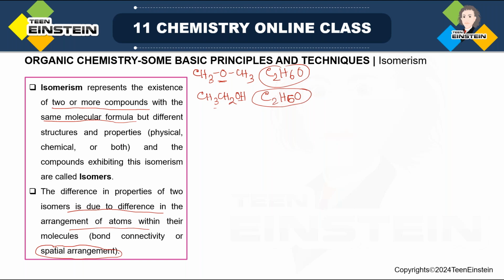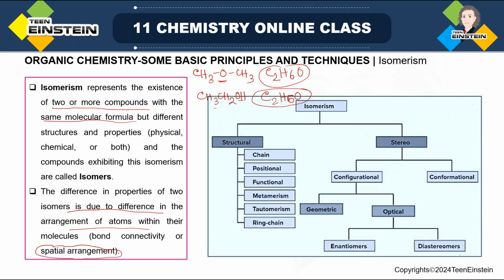That is another, a special kind of isomerism, stereoisomerism, where bonding connectivity is the same, that is the same type of carbon-oxygen bond or OH bond. Everything is the same, but how they are arranged in three-dimensional space is not the same. So sometimes it may be a difference in bond connectivity, as you are seeing in these two examples, but sometimes it may be spatial arrangement also. Based on these, we have this flowchart that we are going to see.